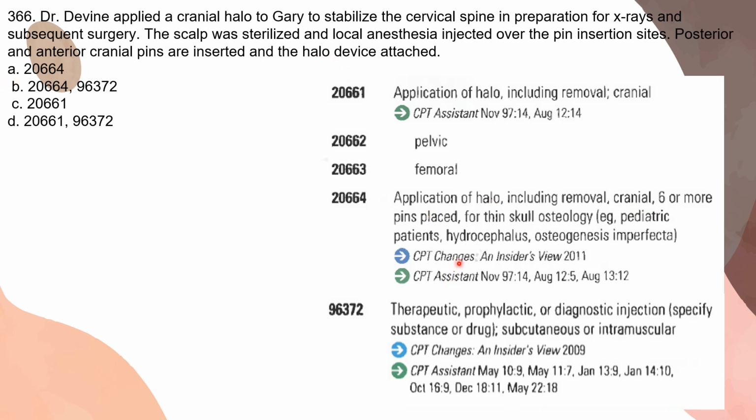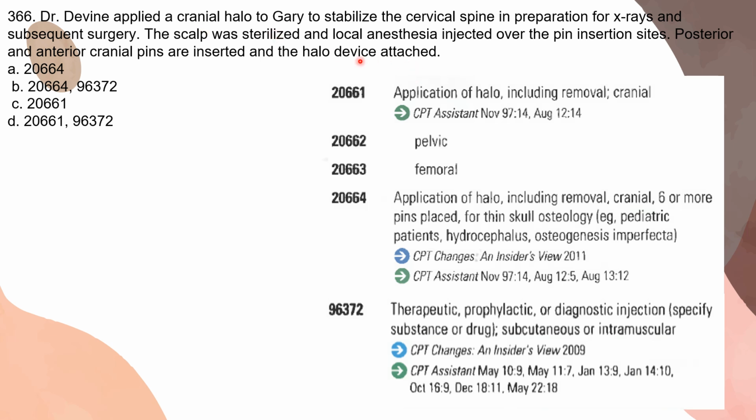20664, application of the halo including removal, cranial, 6 or more pins placed, for thin skull osteology. So this is a particular code which also talks about the cranial halo, but they have given a specific case: the patient is a pediatric patient with hydrocephalus, and for him if we are applying the halo, then it is 20664. But 20661 is the application of the halo including removal, cranial.